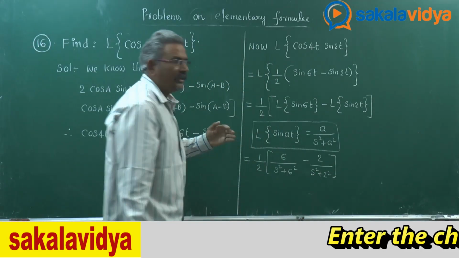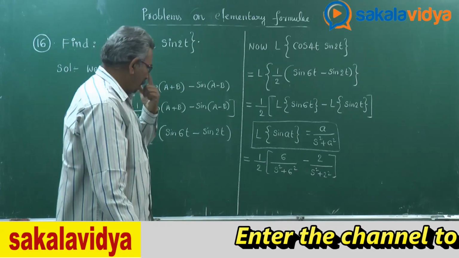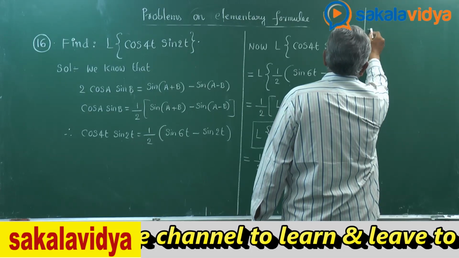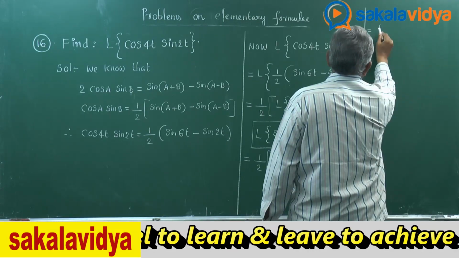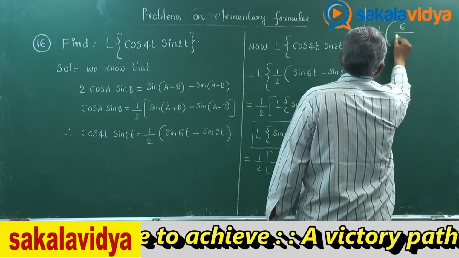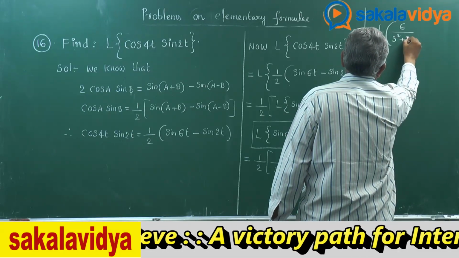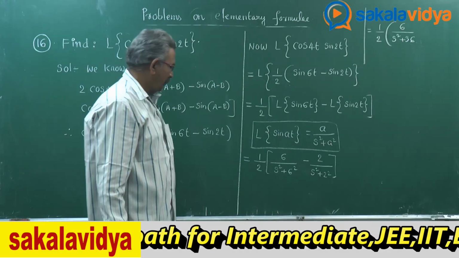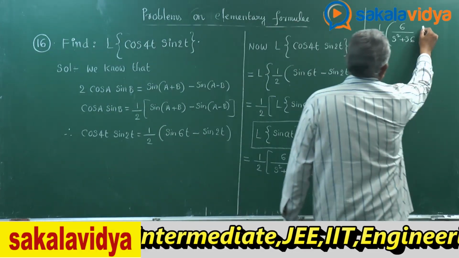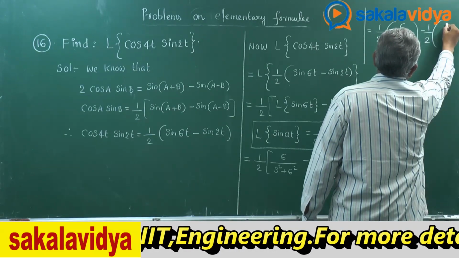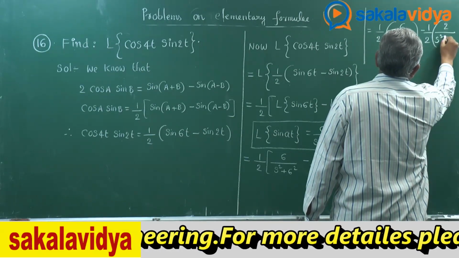Just one step we need to write. Let us distribute half. So half times 6 divided by s square plus 36, minus half times 2 divided by s square plus 4.